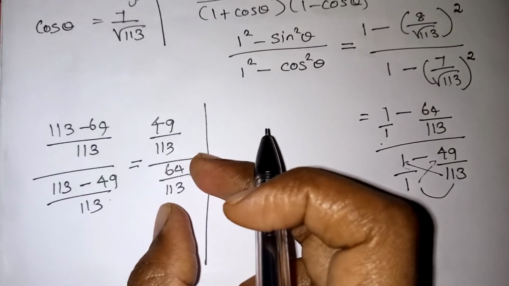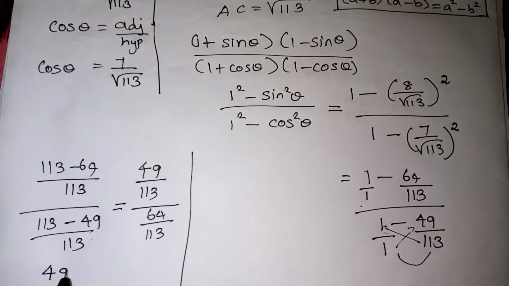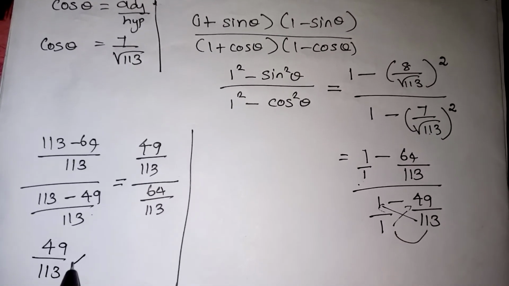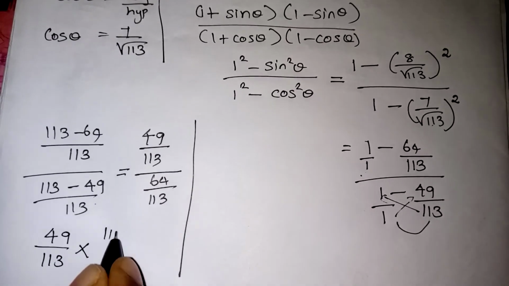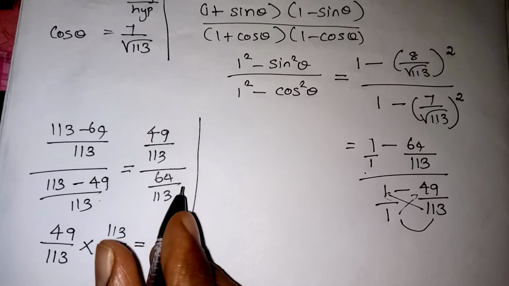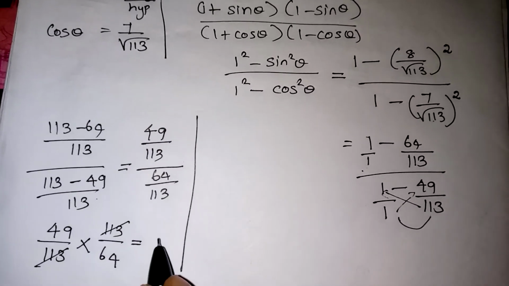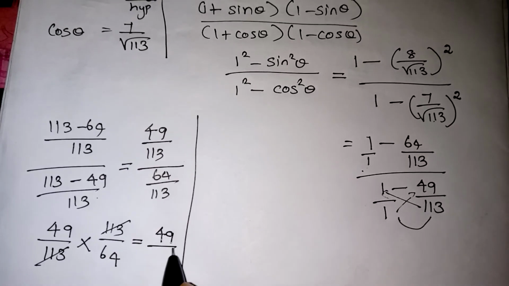Bring the denominator fraction to the numerator, it will become the reciprocal. The numerator will stay as it is, only the denominator will become the reciprocal. So 113 by 64 you will be getting. Whenever you are bringing the denominator to the numerator, you will be getting the reciprocal. 113 will get cancelled. So our answer is 49 by 64.